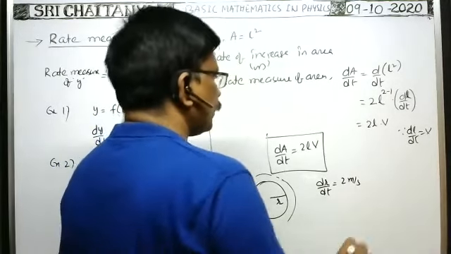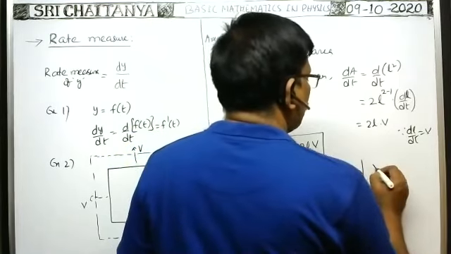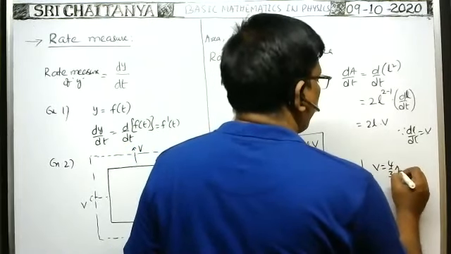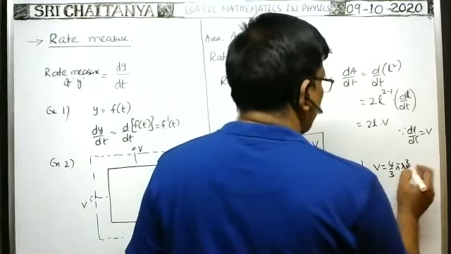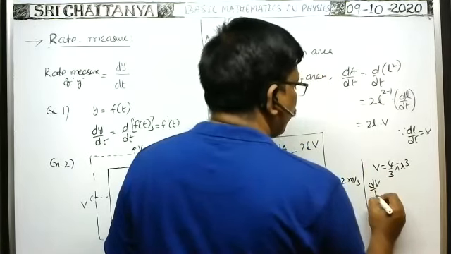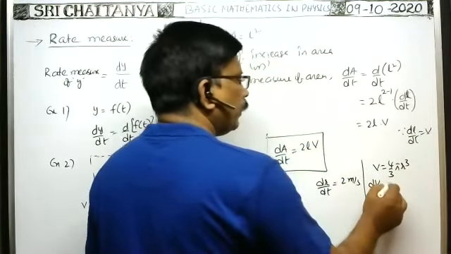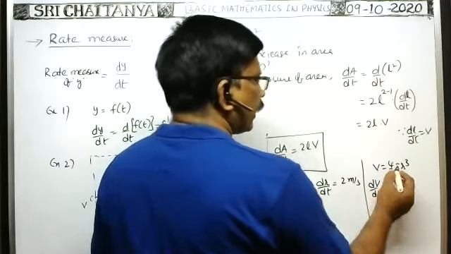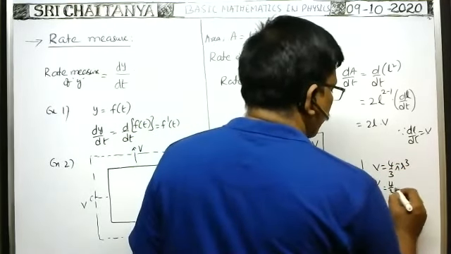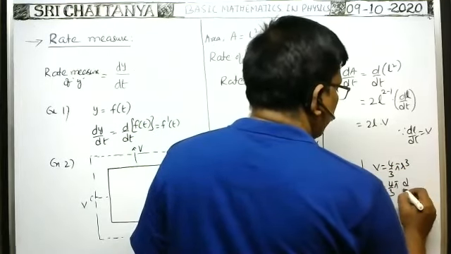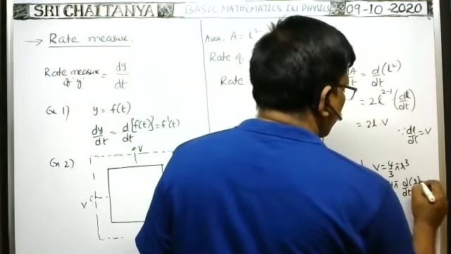Okay, so here you see volume of the sphere is equal to 4/3 pi r cube. So rate of increase in volume is dv by dt, that is equal to d by dt of this one. 4/3 pi constant you keep aside outside. 4/3 pi into d by dt of r cube.